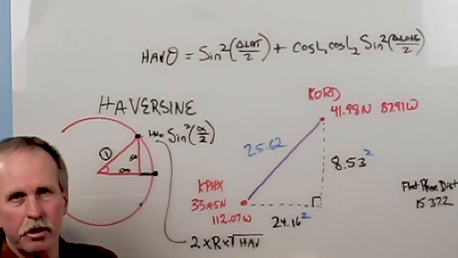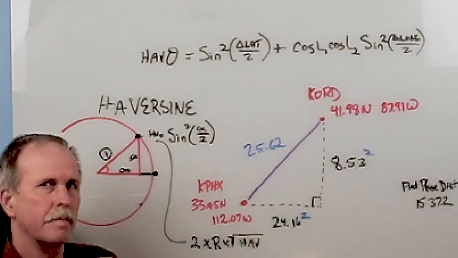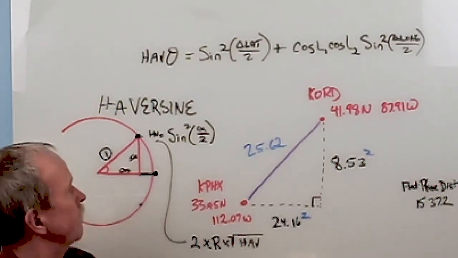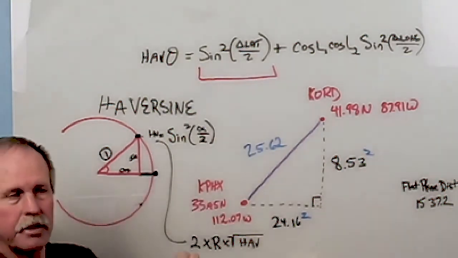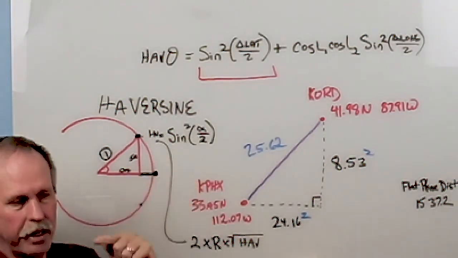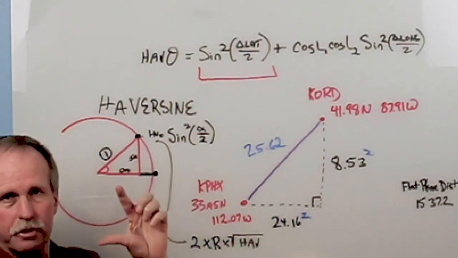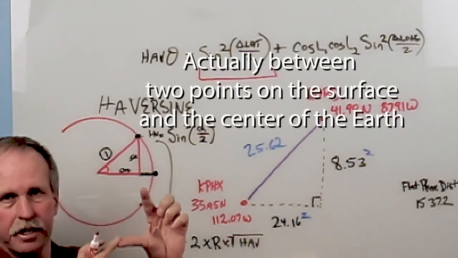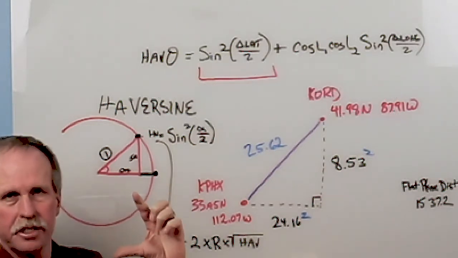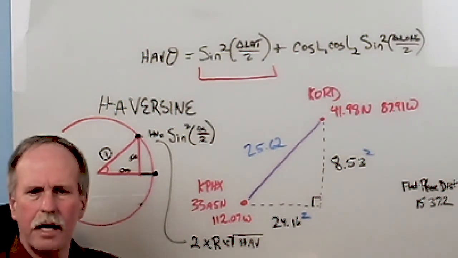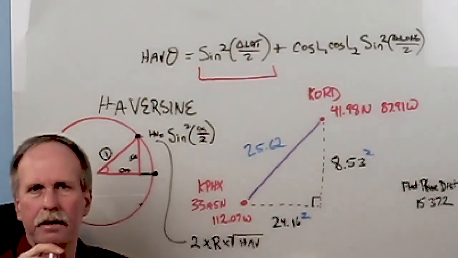Now, that formula may look a little bit intimidating, but if you think about it, it really isn't all that difficult. This first part right here, that is the haversine between the starting latitude and the ending latitude. That forms a triangle on the surface of the Earth, and there's a distance between those 2 points, essentially going along the same line of longitude. Now, likewise, if we were just going up and down, that would be easy.